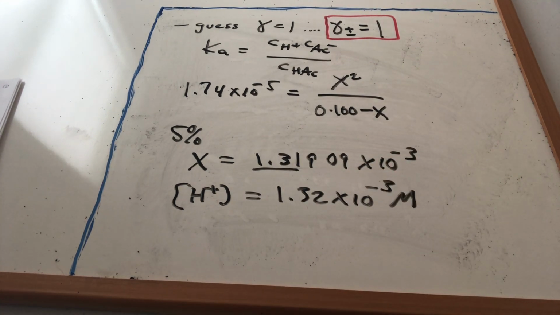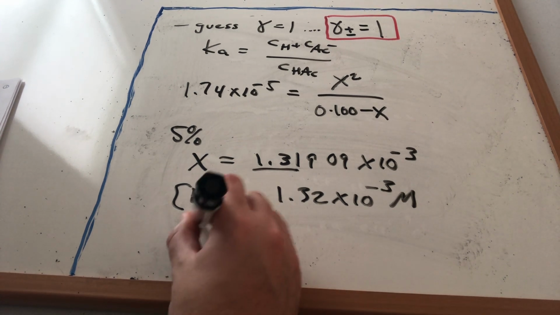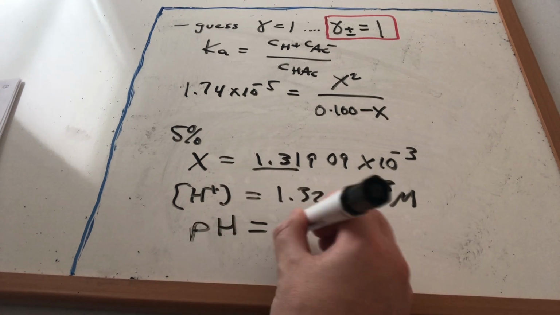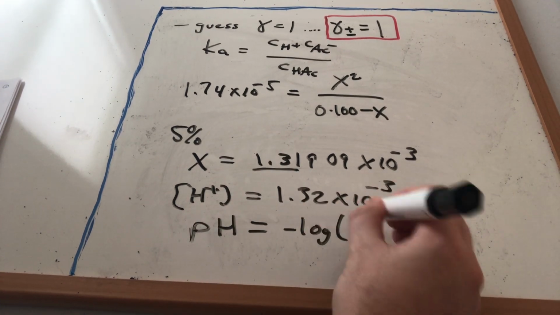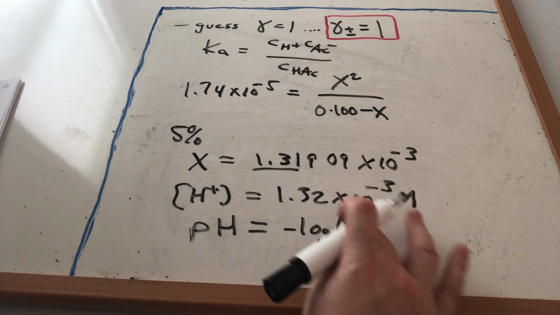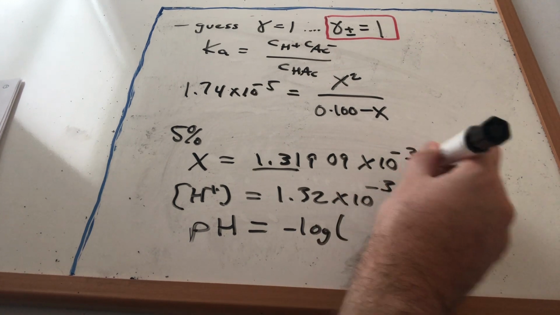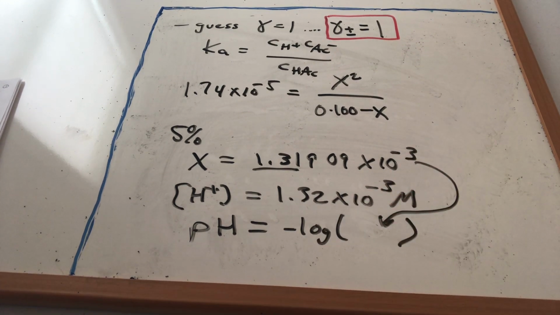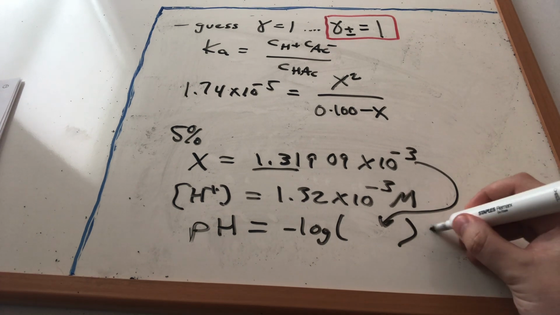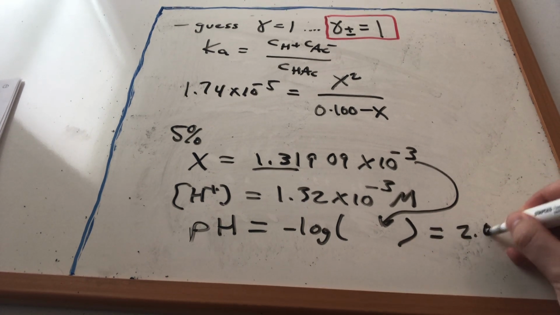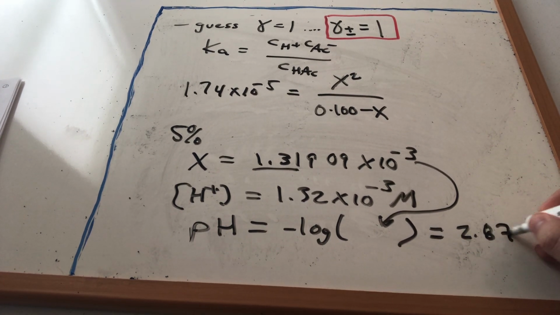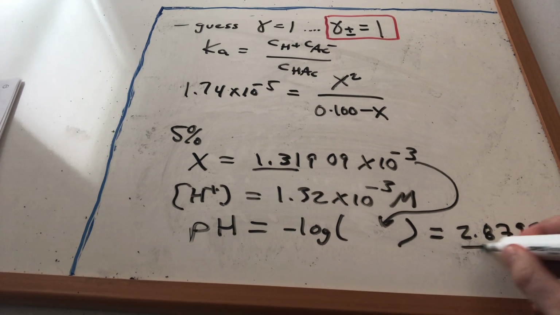If this was general chemistry and we weren't considering any effects from activities, we could calculate a pH. An estimate for the pH would be the negative log of the unrounded value, and a good estimate for the pH is 2.8797, but there would be 3 significant decimal points.